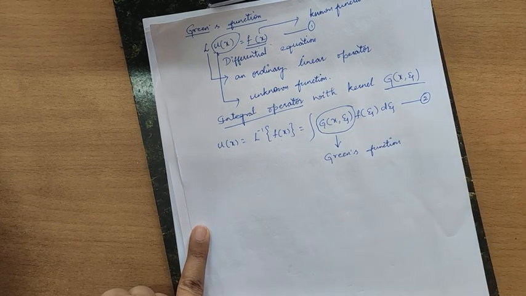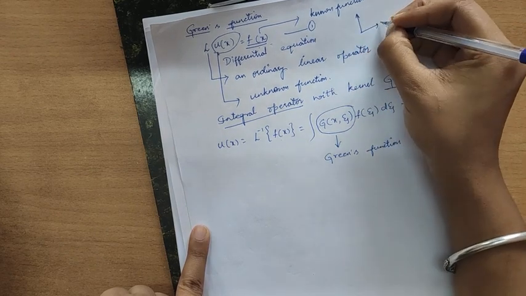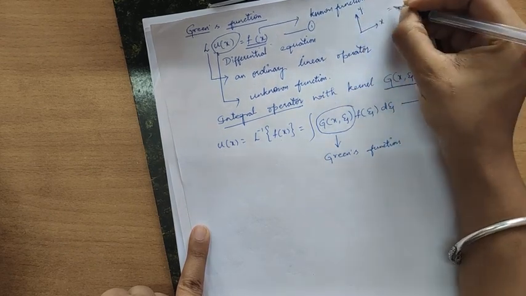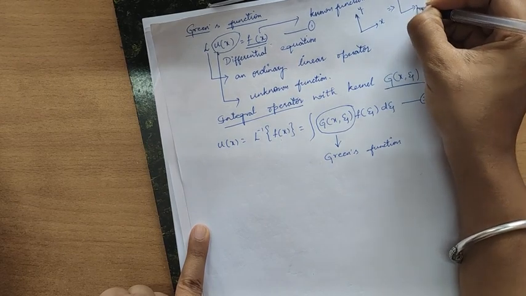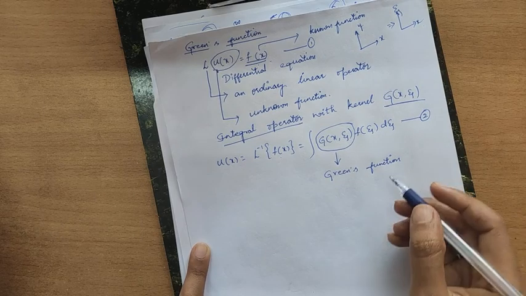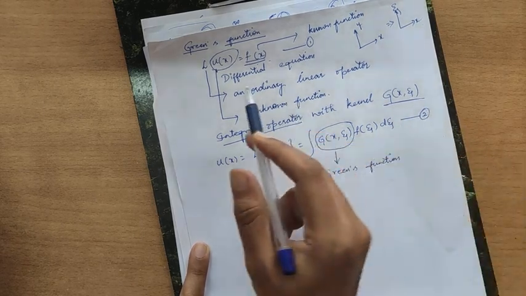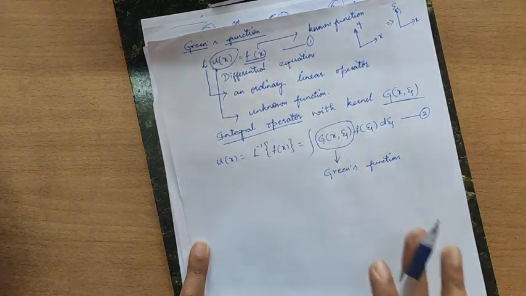If you think in terms of plane, your xy plane is actually converting to your xz plane. So this is the Green's function for the differential operator.